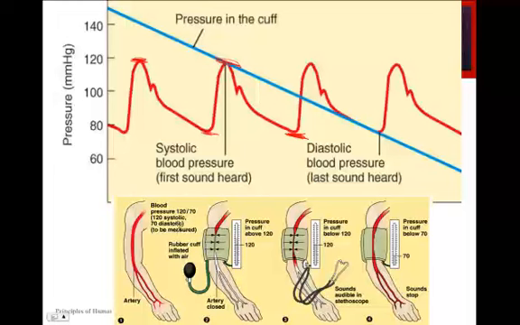For me, for example, a blood pressure of 120/70 would actually be fairly high. So really, you need to know what your normal blood pressure is and compare whether or not your blood pressure is high or not.